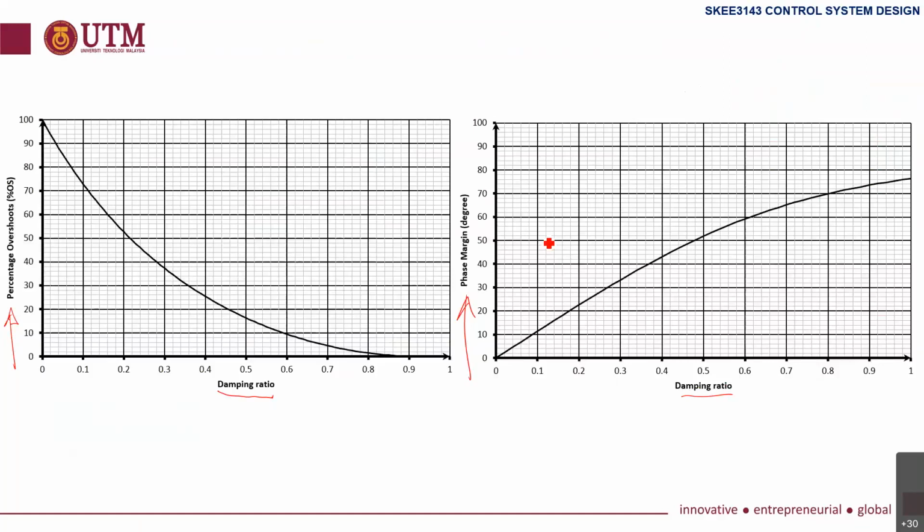Later in lag compensator, in lead compensator, we also use the relationship between phase margin and overshoot. Again, this graph will be given in the exam, so you don't have to remember. If you check your notes, there is a formula between phase margin and damping ratio. Then we have damping ratio with percent overshoot.